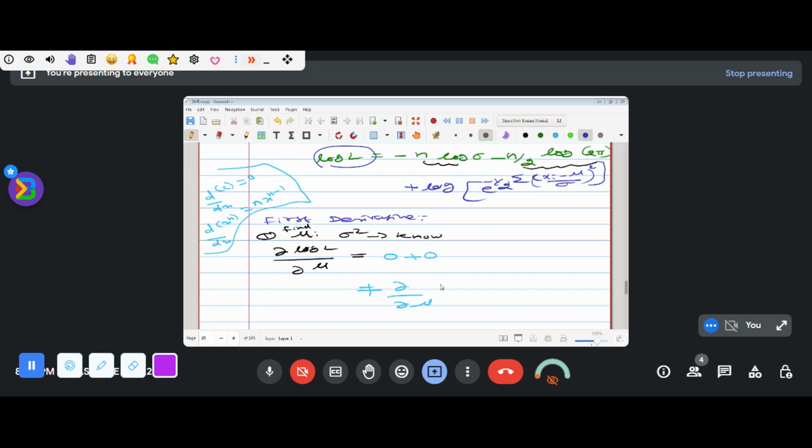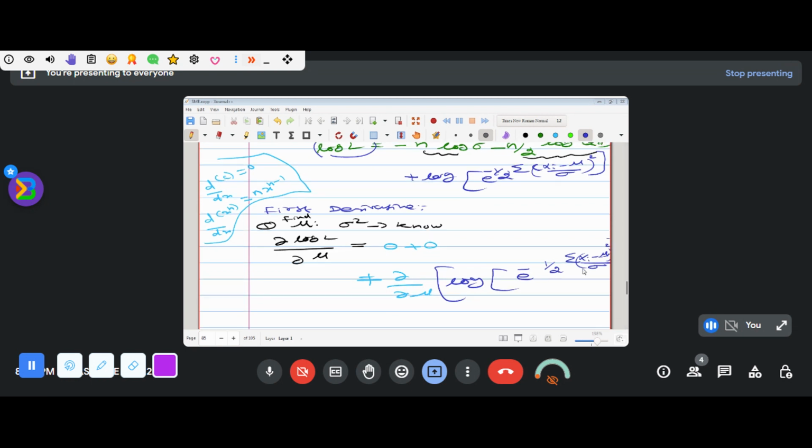So what is the last part? Log e power minus 1 by 2 summation (xi minus mu divided by sigma) the whole square.